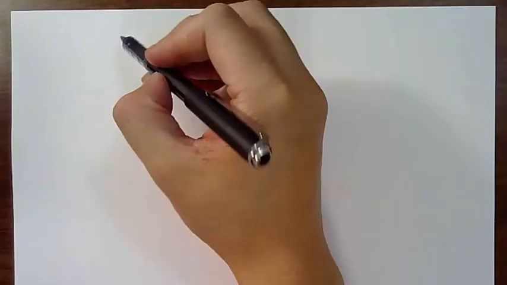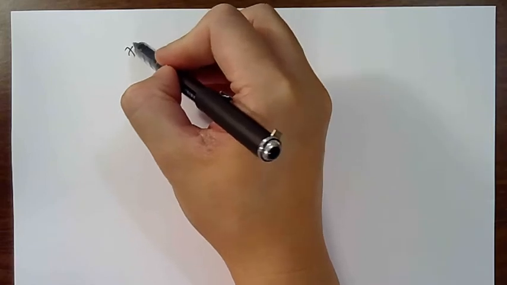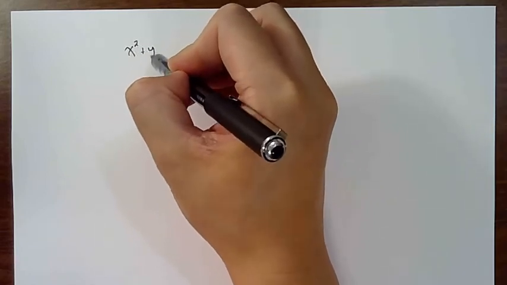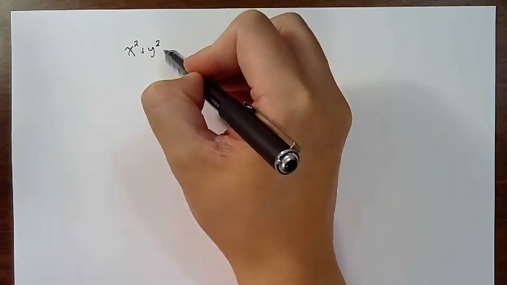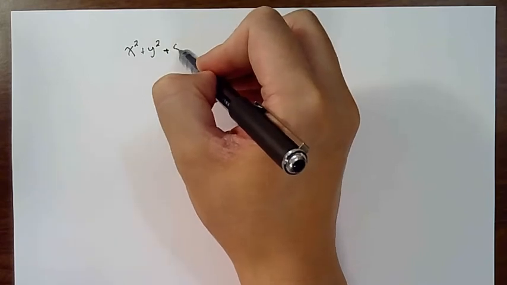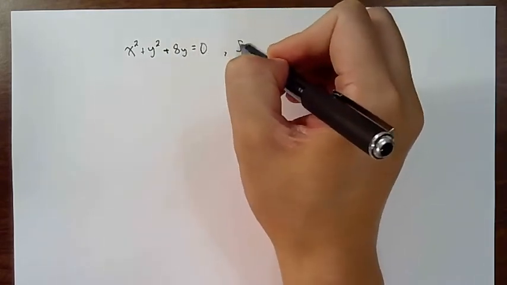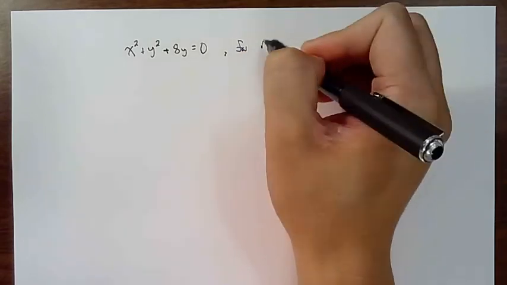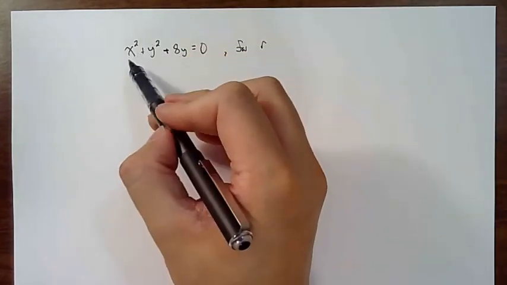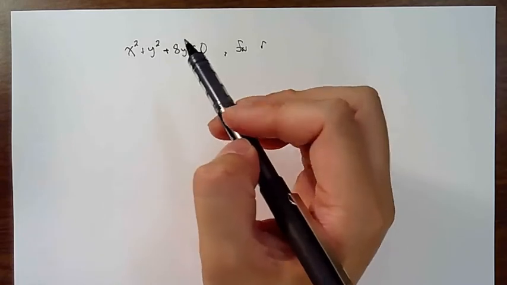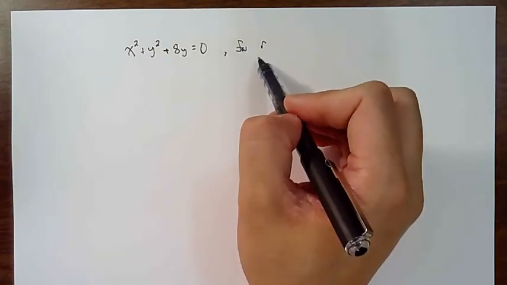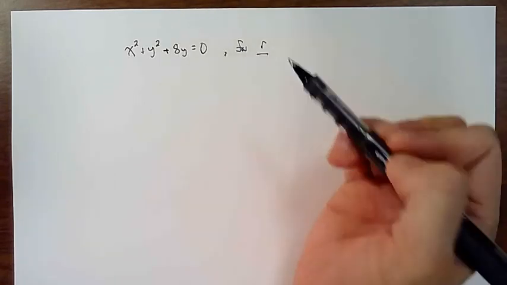Okay, so here's one that is going to use the r squared term. All right, so we're going to take this equation, x squared plus y squared plus 8y equals 0, and convert it to a polar equation solved for r.